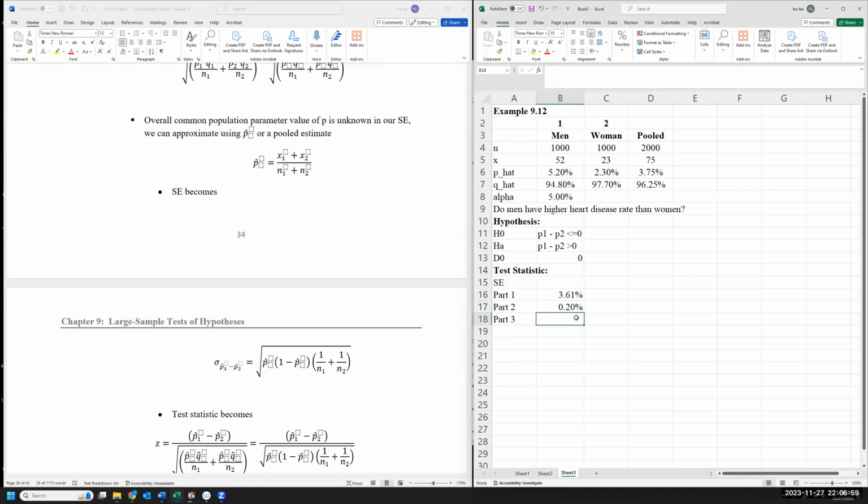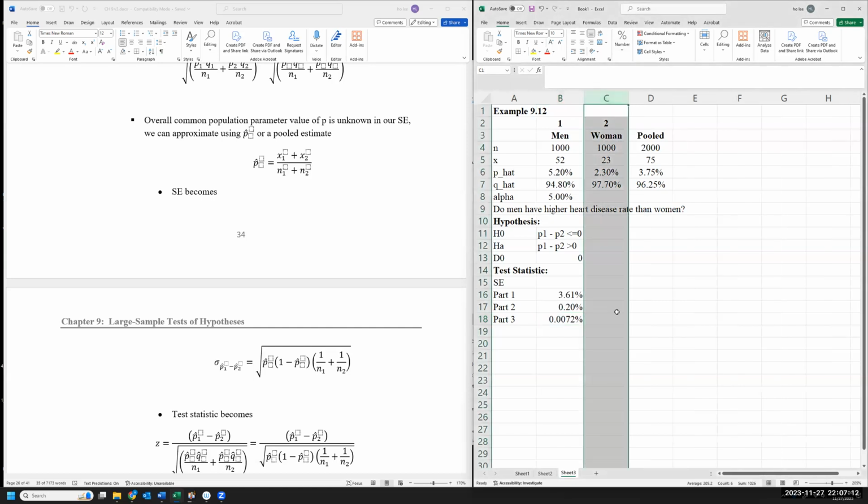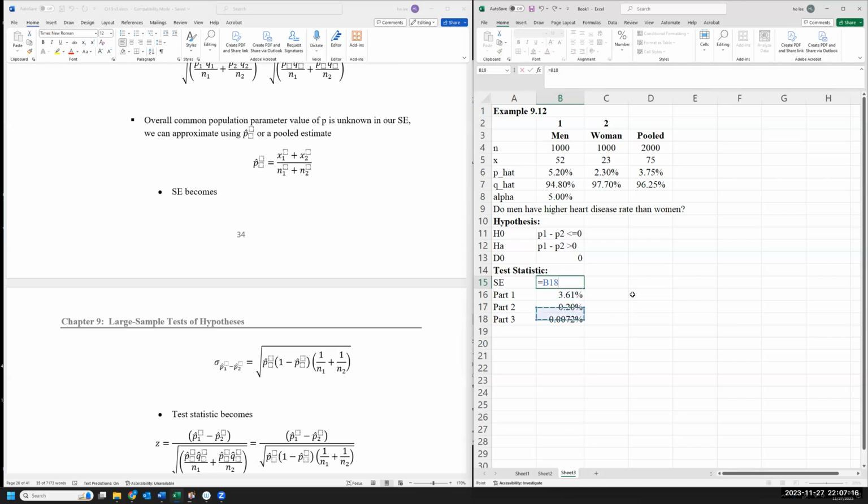And part 3 is this times this. And then standard error is part 3 to the 0.5, or the square root of that. And there it is. I'll just use it as a percentage.